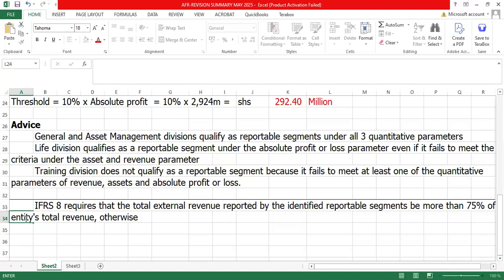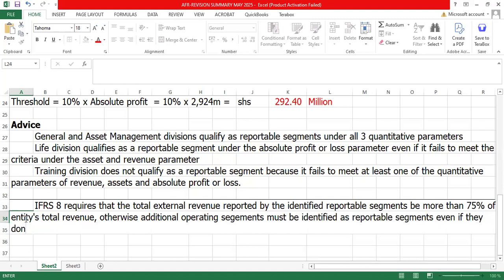Otherwise, additional operating segments must be identified as reportable segments, even if they do not meet the quantitative thresholds above.